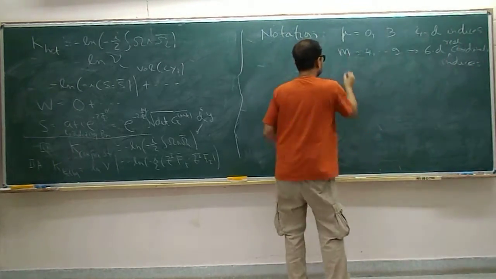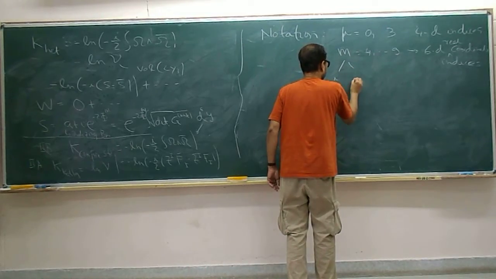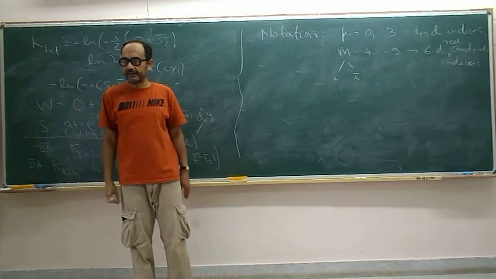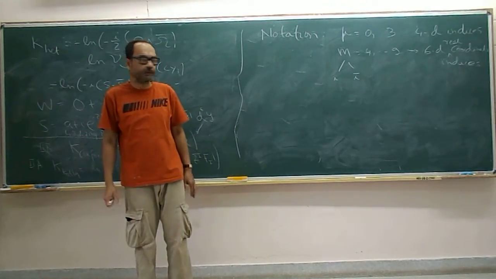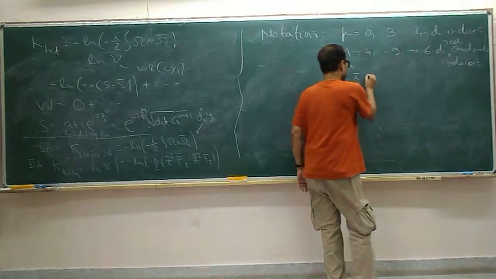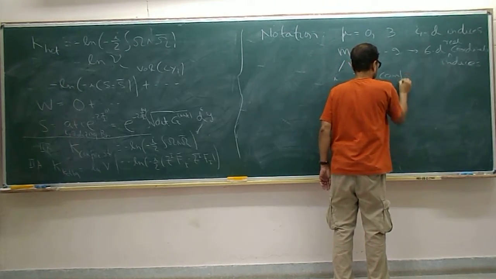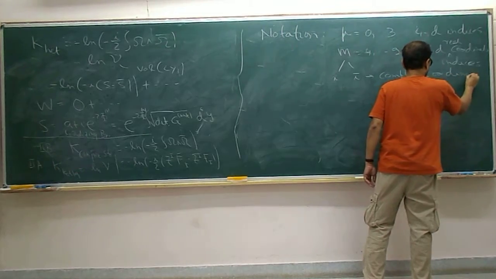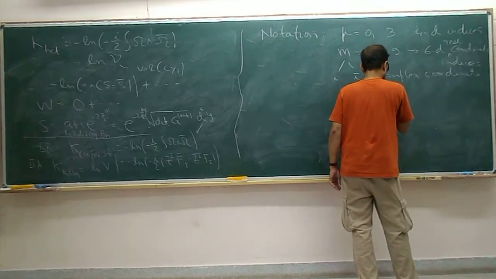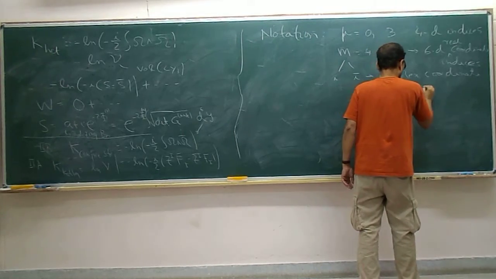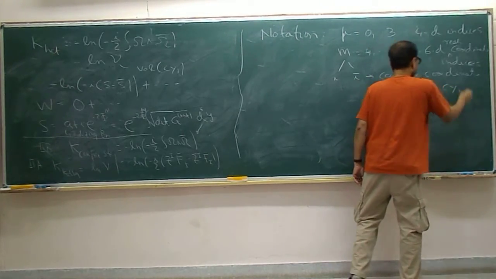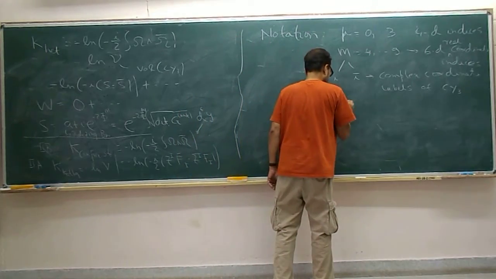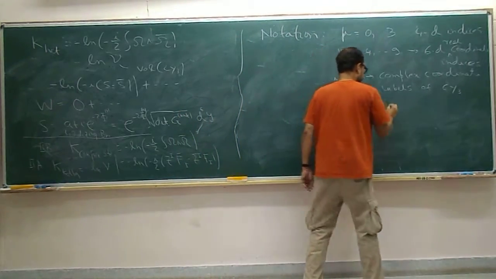But this I can split into I and I bar because the internal manifold has complex structure. So you can use complex coordinates. So these are the complex coordinate indices of CY3, and I'll also use another index.